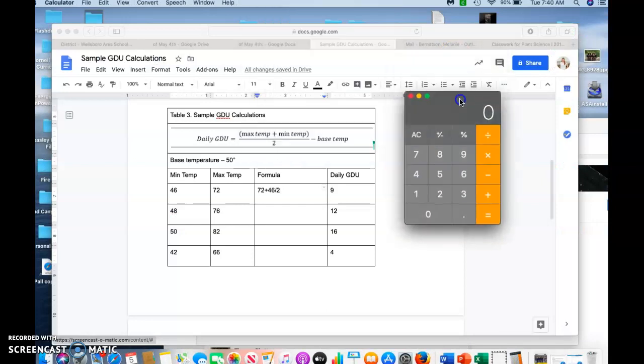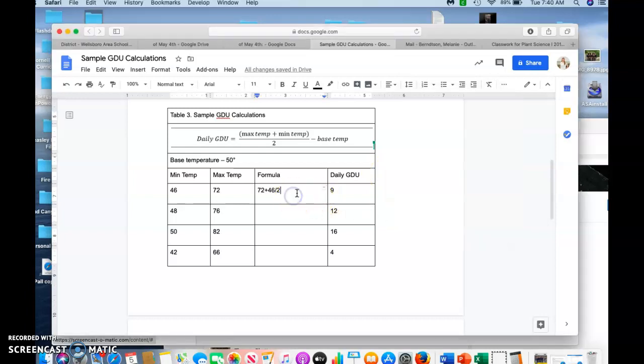Get my handy dandy calculator up here. 72 plus 46 is 118, divided by 2 is 59, minus 50 equals 9. We'll put this in parentheses here, maybe a double parentheses. It's hard to do math calculations on a laptop. Minus 50.